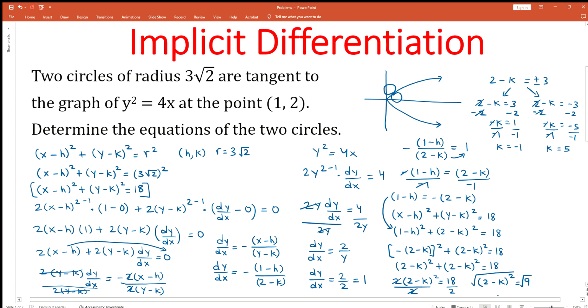Now we can use these values of k to find the corresponding values of h. We should use this equation here. Two minus negative 1 is equal to 3.